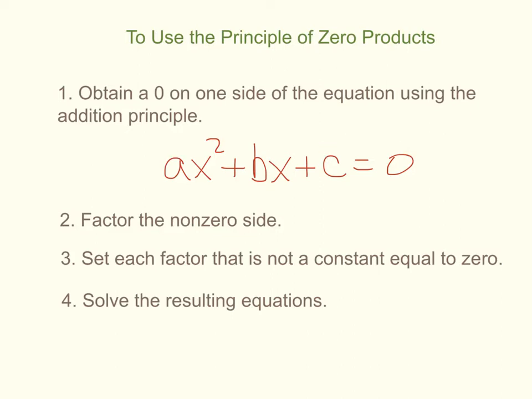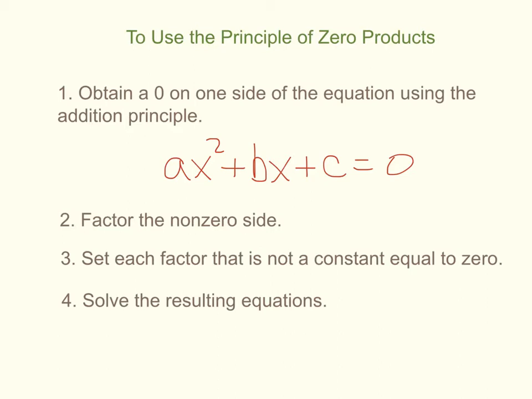So if you end up and you get all the terms on one side of the equation, you have it set equal to 0, and you look down and A is negative and you don't like that, then go ahead and multiply every single term by -1, and that'll take care of everything for you.